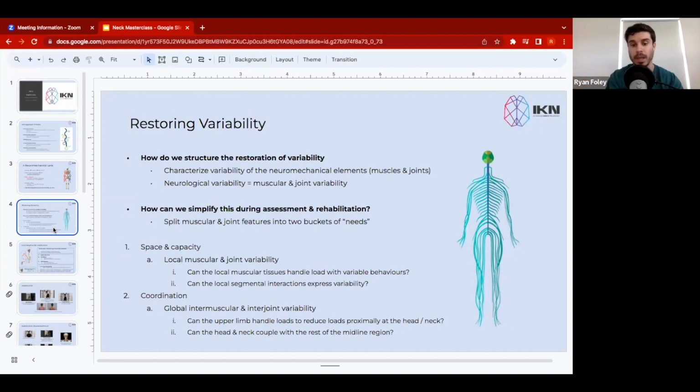Okay. And then looking at the head and neck within the context of the rest of the spine, can the head and neck couple with the rest of the vertebral column? Can the thoracic spine and the head couple with the pelvis, for example? So in order to get an actual rotation through the vertebrae, we really need, if we're looking at the thoracic spine, for example, if you're sitting down right now and you rotate your thoracic spine, your rib cage, your chest to the right-hand side, what you might notice is that your pelvis begins to move in the same direction, and you might notice the left femur begin to shoot forward.